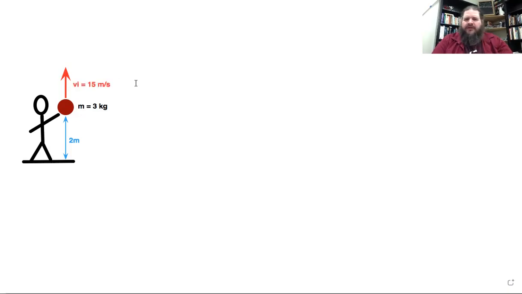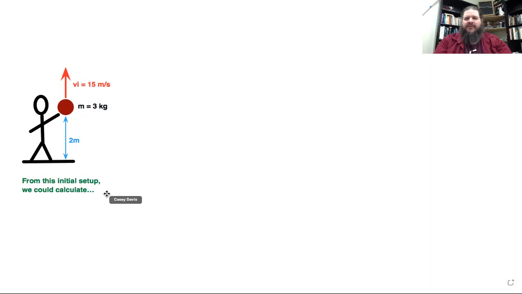Based on that information, what else do you think we'd be able to calculate about the motion of this ball? Like if you saw this sort of setup on a test, what sort of questions do you think the test question might be asking you after this?